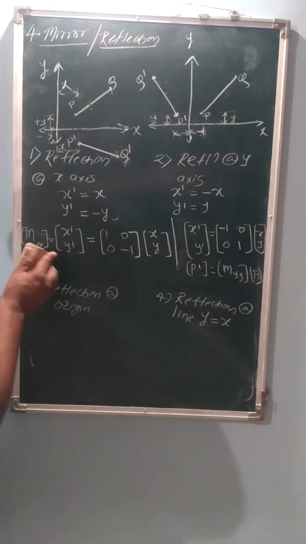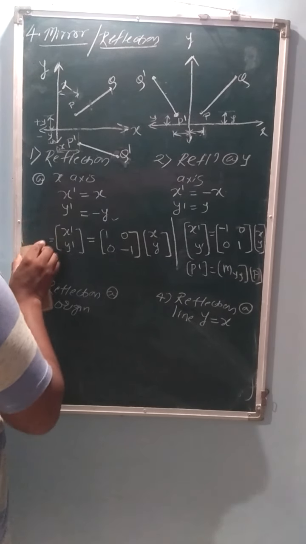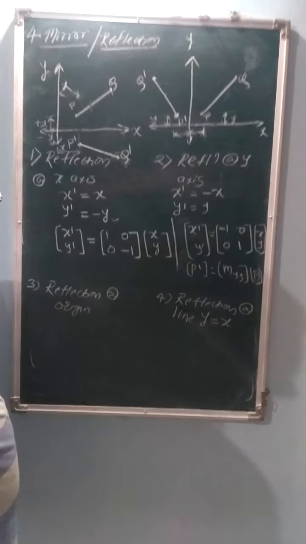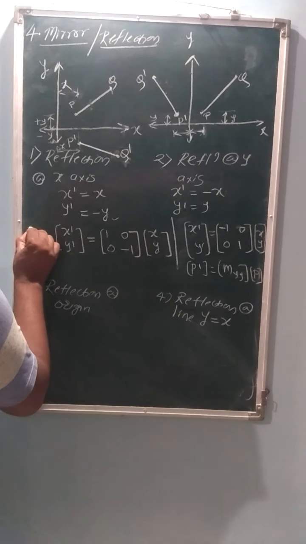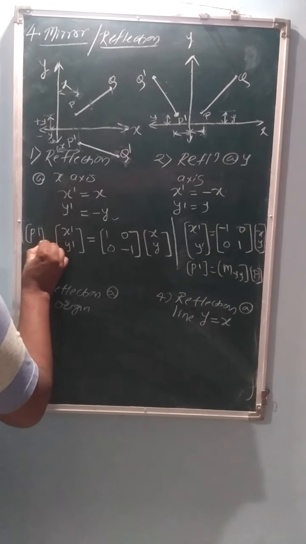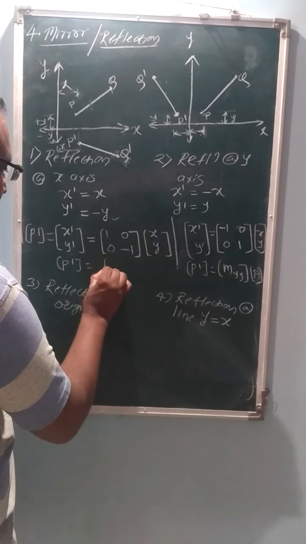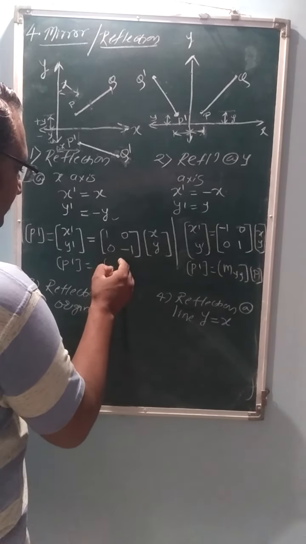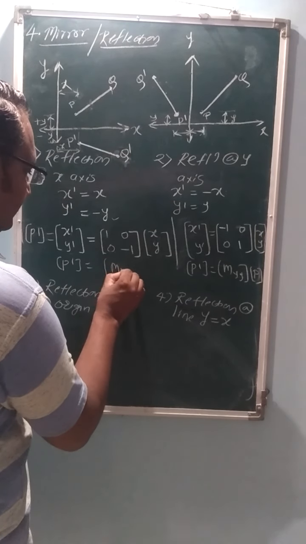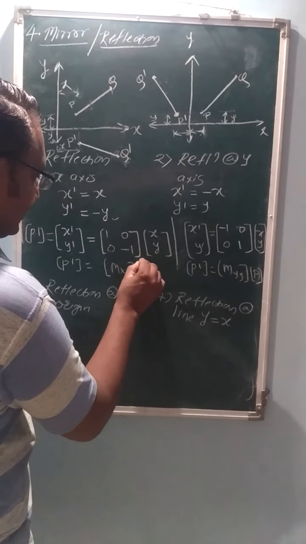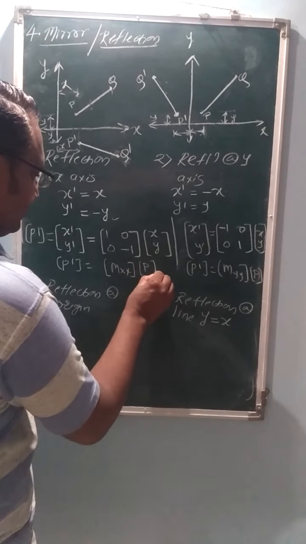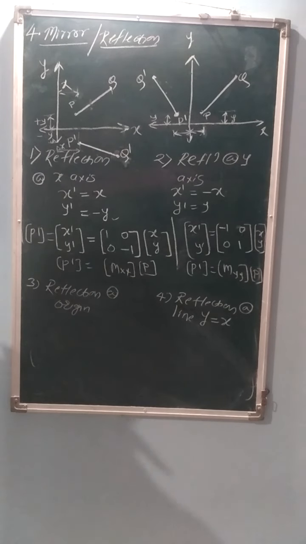I have made a mistake here. Actually this is the P dash. So P dash we can write as this particular reflection matrix times the original point. These two cases we have seen.